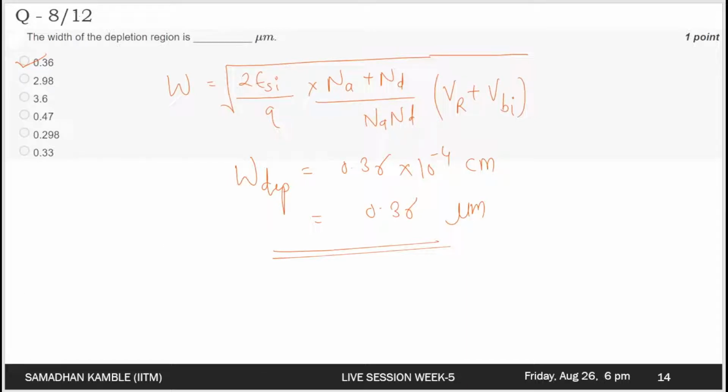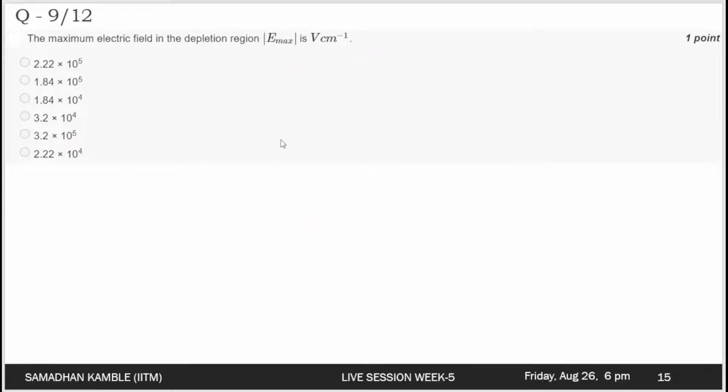Okay, so let's go to question number 9, which is also based on the common data. The maximum electric field in the depletion region is asked. For the maximum electric field, we also have that formula in the recap slide. I'll write it down for you here.